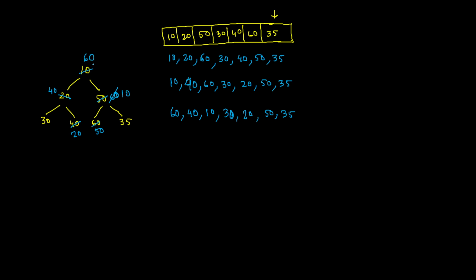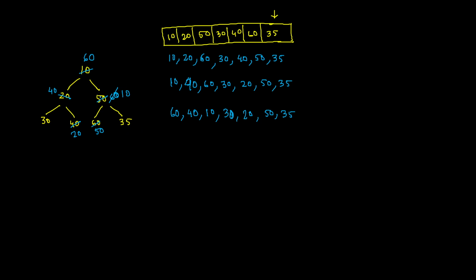So you will say that okay, 60, that is the maximum value of this array, has come to the root, so it became a max heap. No, it is not a max heap. The reason is that as soon as you swap with 10, this particular part of the subtree will not remain a max heap.